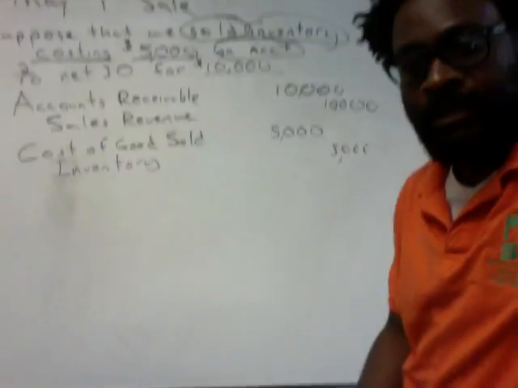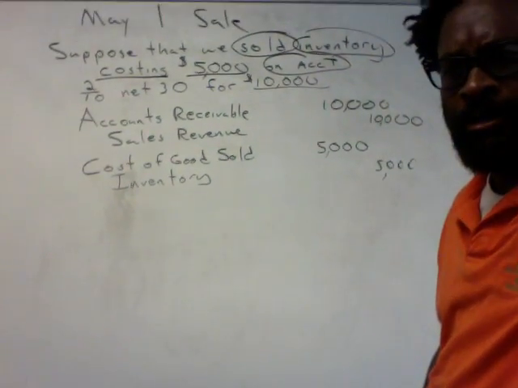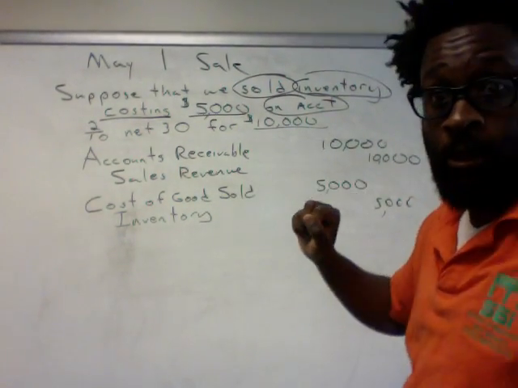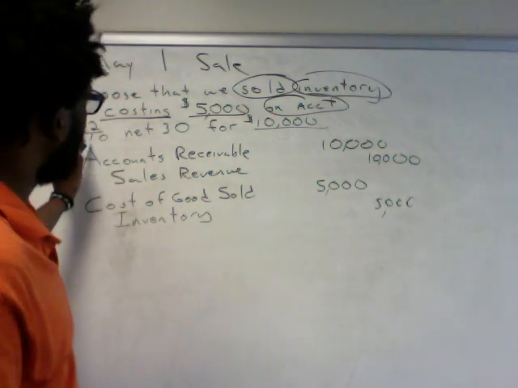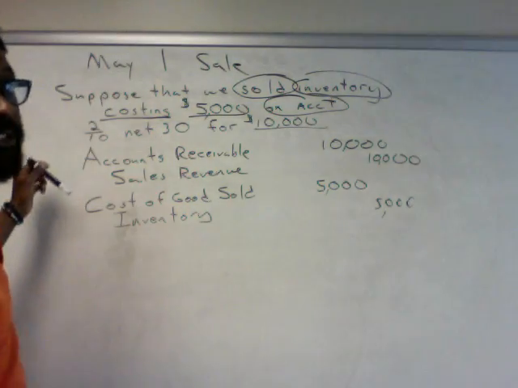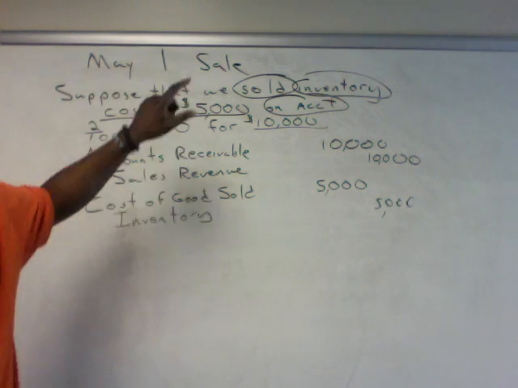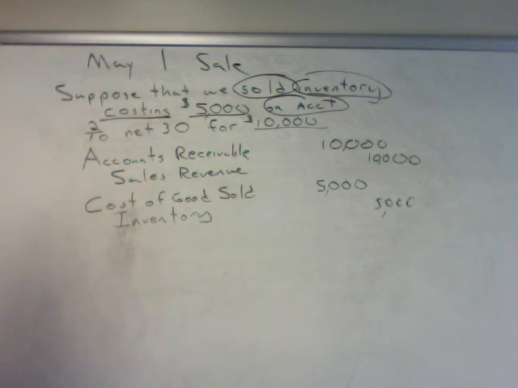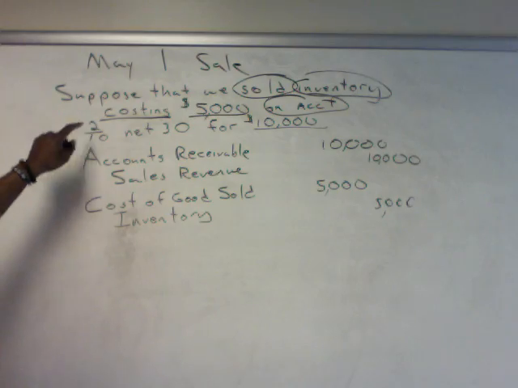The next thing that I'm going to identify will be a sales return. No, how about a collection on account, right? Again, another thing we need to note is that we do have discount terms here. 2/10 net 30 on May 1st. So basically we're giving a discount to our customers if they pay within 10 days, they get 2% off.